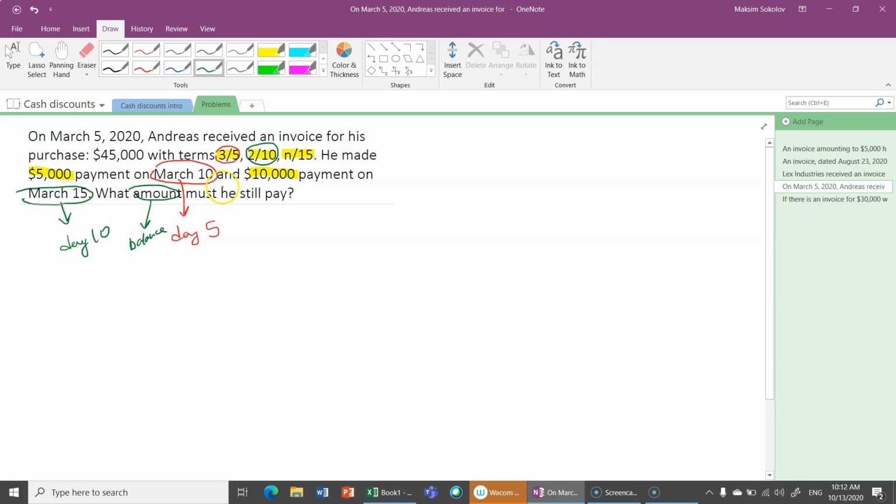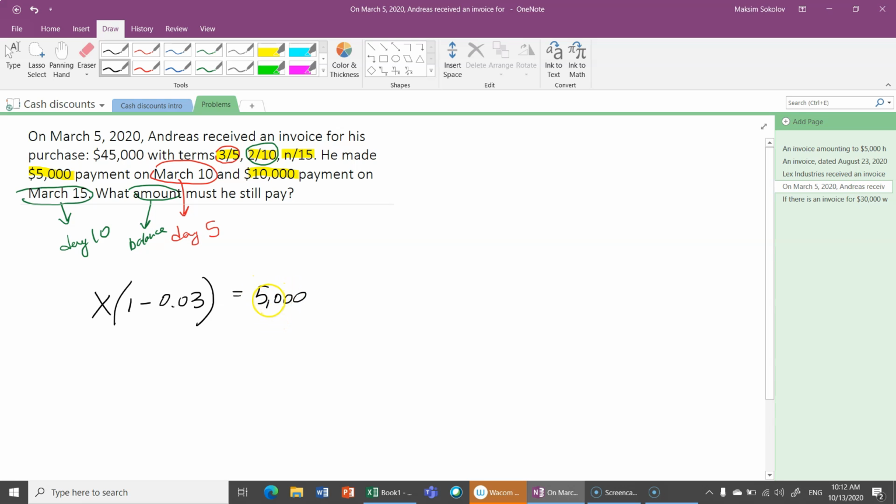So let's go ahead and solve this problem. Because Andres pays $5,000 within the first discount window, but because this $5,000 is not the full amount of the invoice, this $5,000 is the partial payment. It's not full payment, and therefore Andres will be getting credit X. And this credit X is such that if discounted by 3%, it must equal what he paid, which is $5,000.